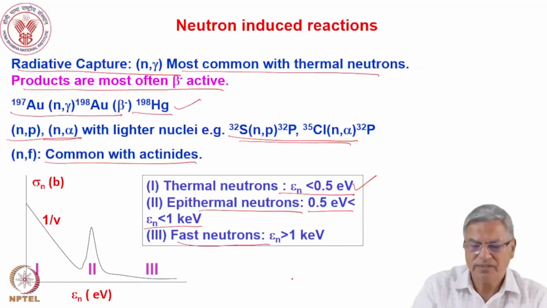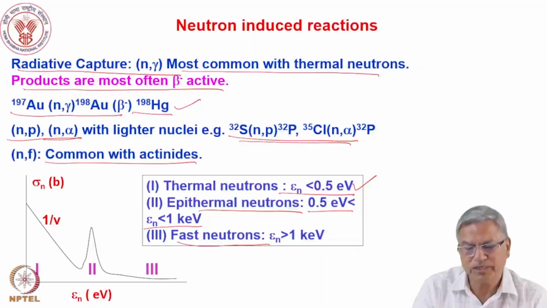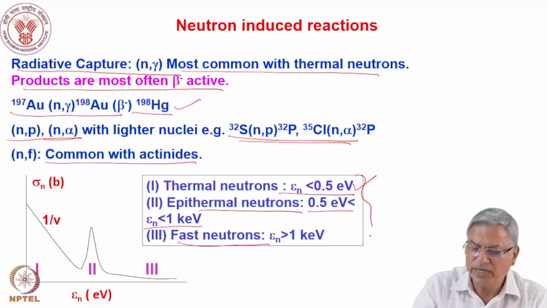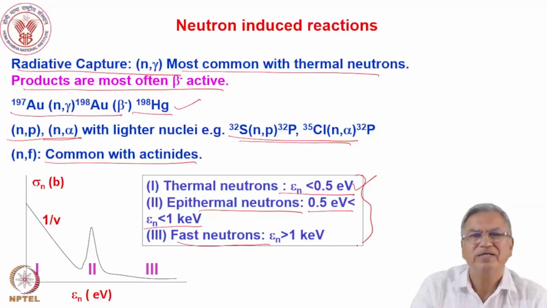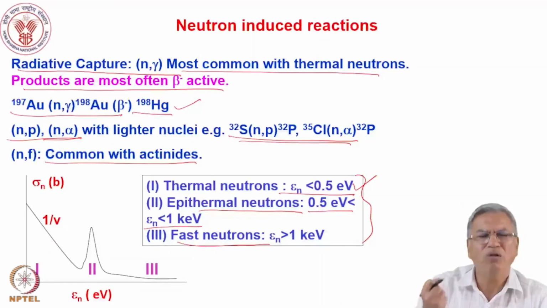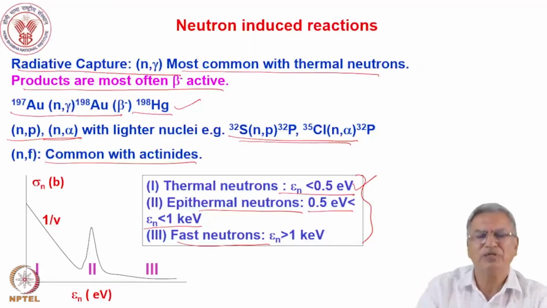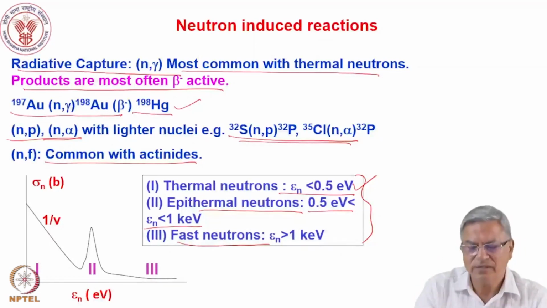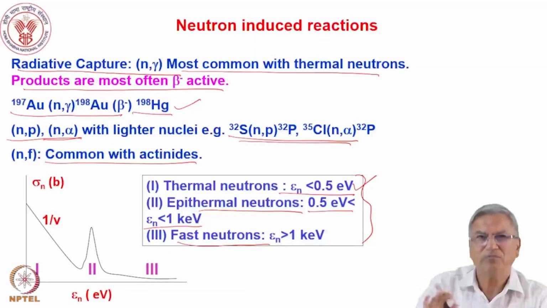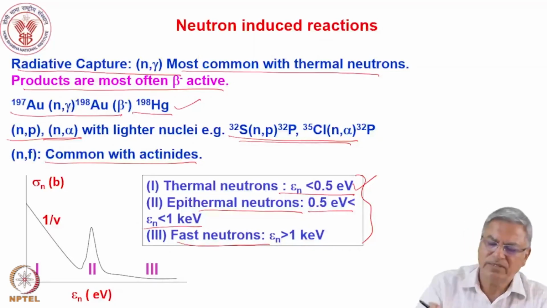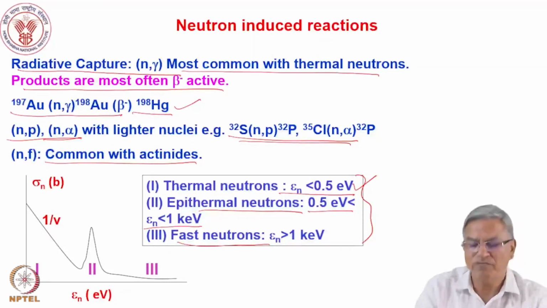So you can see here that the thermal neutrons are most reactive, and this classification actually has come from cadmium. Cadmium absorbs all the thermal neutrons. So if you wrap a sample with cadmium foil, all thermal neutrons are captured and the sample will not see the thermal neutrons. From that, this classification has come, that if the energy is less than 0.5 eV, it is called a thermal neutron.